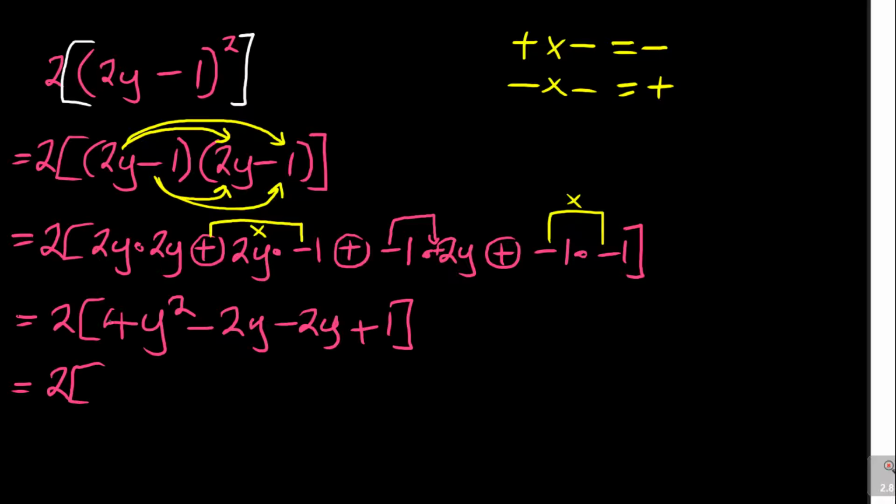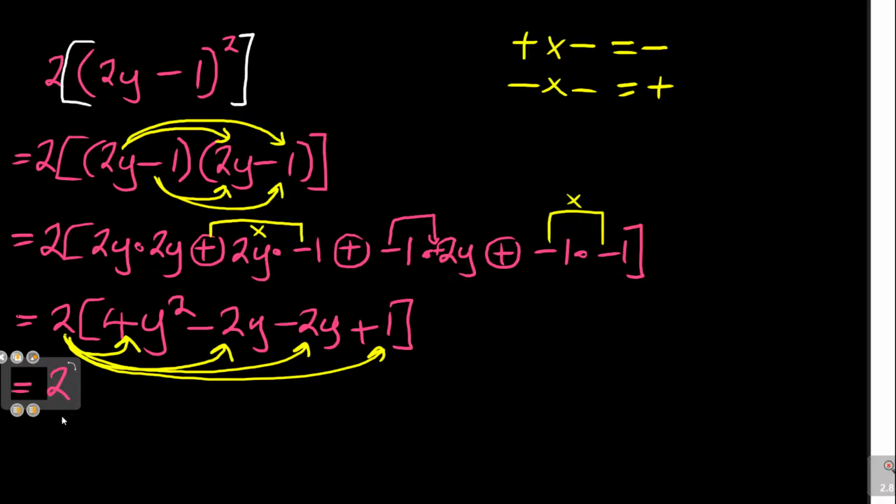We can first leave it like that if you want, or to do the other different method here, you can actually distribute that 2 here. The 2 multiplies, the 2 multiplies, the 2 multiplies, and the 2 multiplies. It's still good. You can still do that, whereby that 2 is distributed.